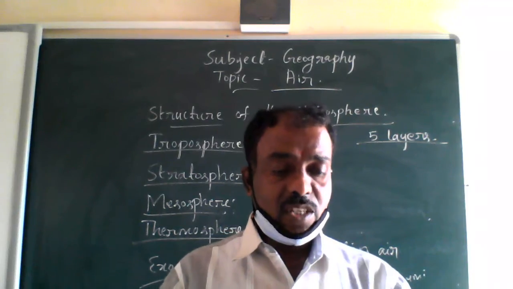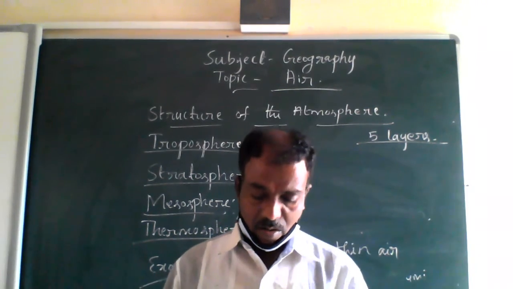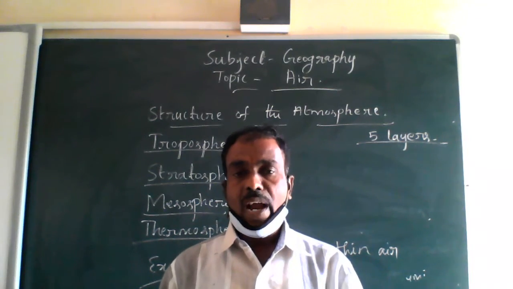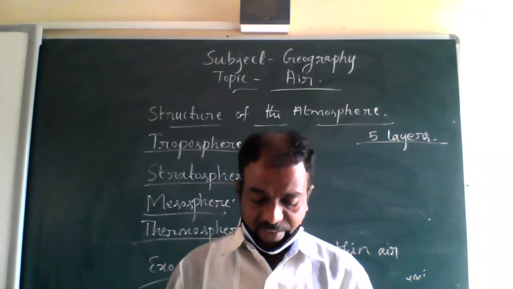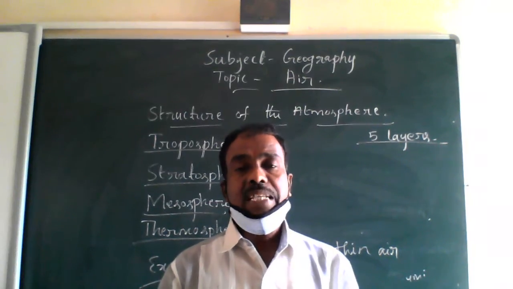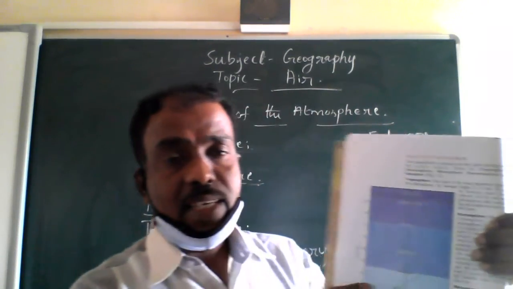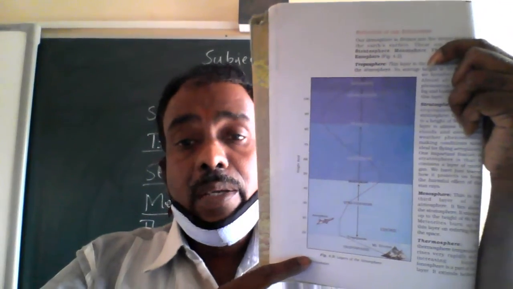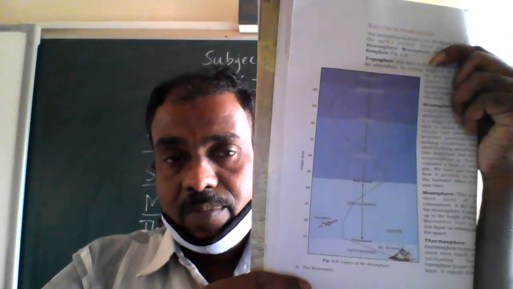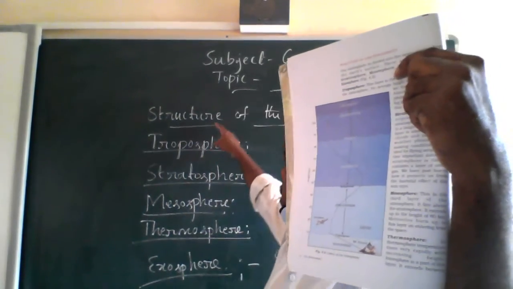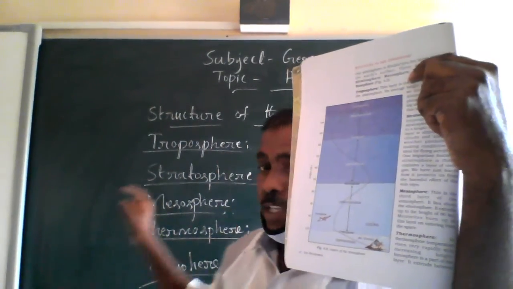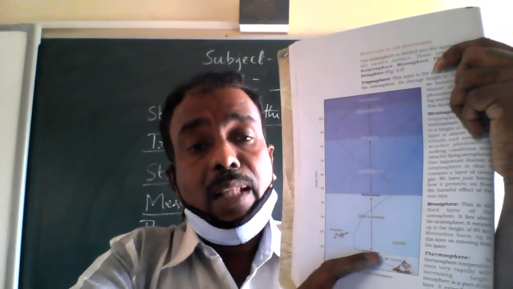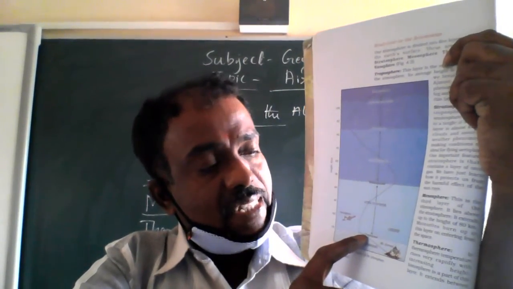I request you to please take your geography textbook and open page number 22, picture 4.2. You can see the beautiful diagram of the different layers of the atmosphere. We start from the troposphere, the first foremost layer of the atmosphere, which begins here.